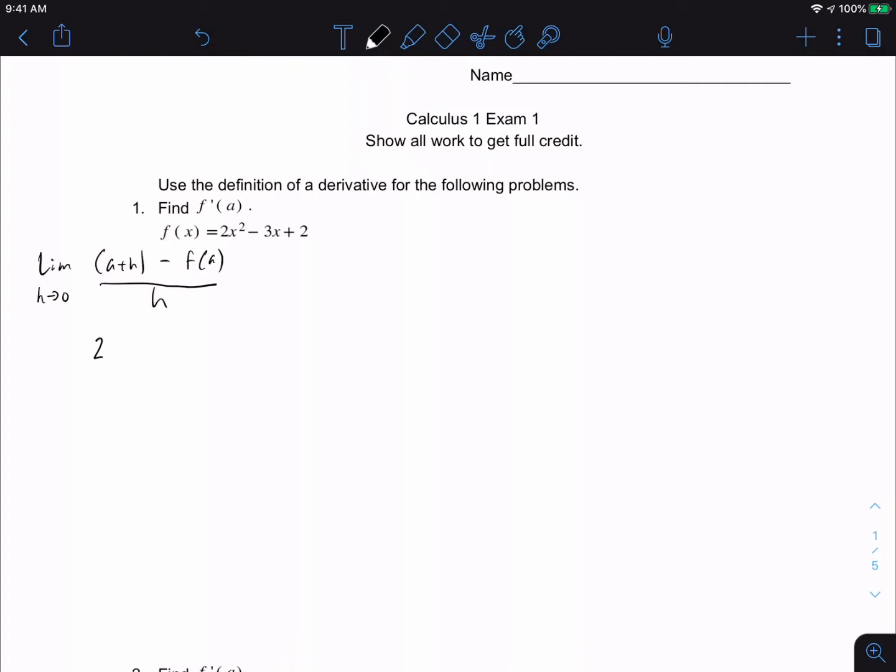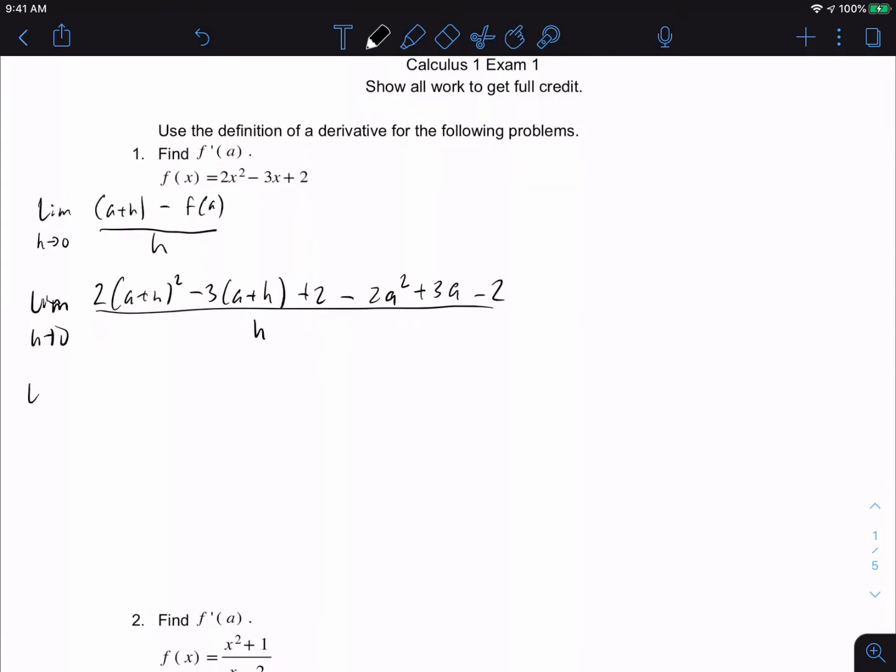So I'm going to get 2(a plus h) squared minus 3(a plus h) plus 2 minus 2x squared plus, oops, that should be in terms of a. Say it to you guys and then I make a mistake. That's awesome. 3a minus 2 all over h, and it's the limit as h goes to 0.